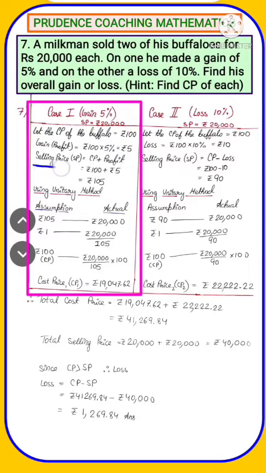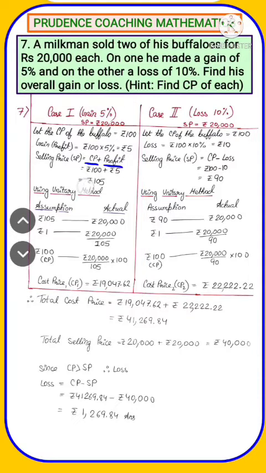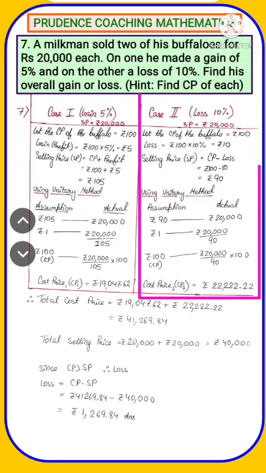Now selling price. As there is a gain, you need to find out selling price by adding profit to cost price. So here cost price was rupees 100. On it the milkman made a profit of rupees 5. So here selling price is 105. In the same way we are going to assume on the right hand side in case 2.